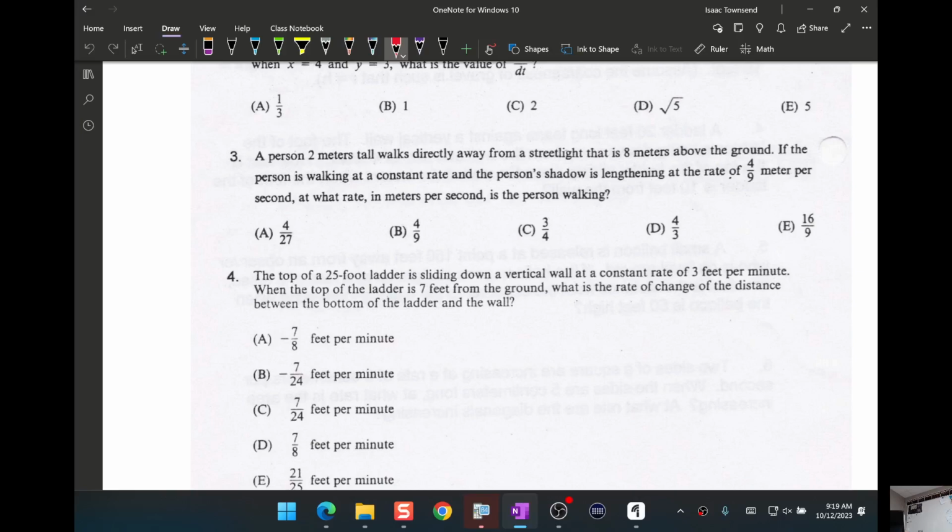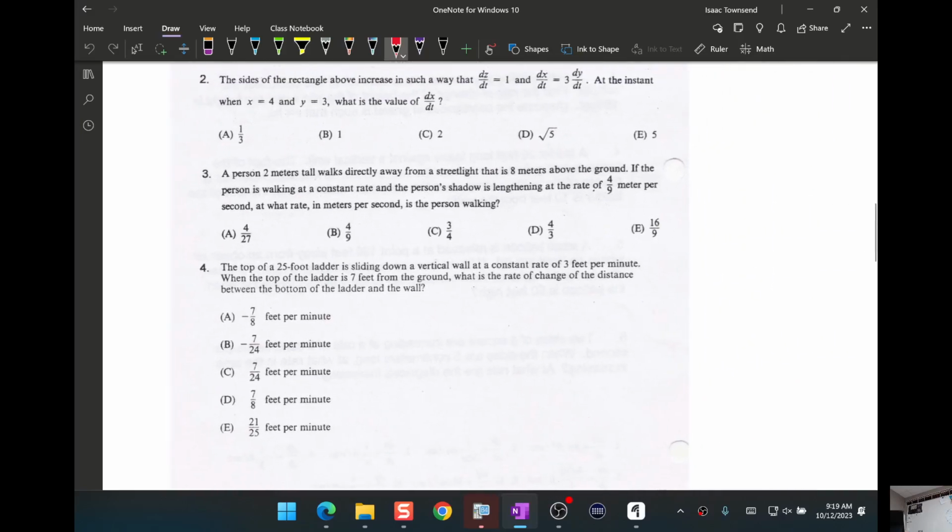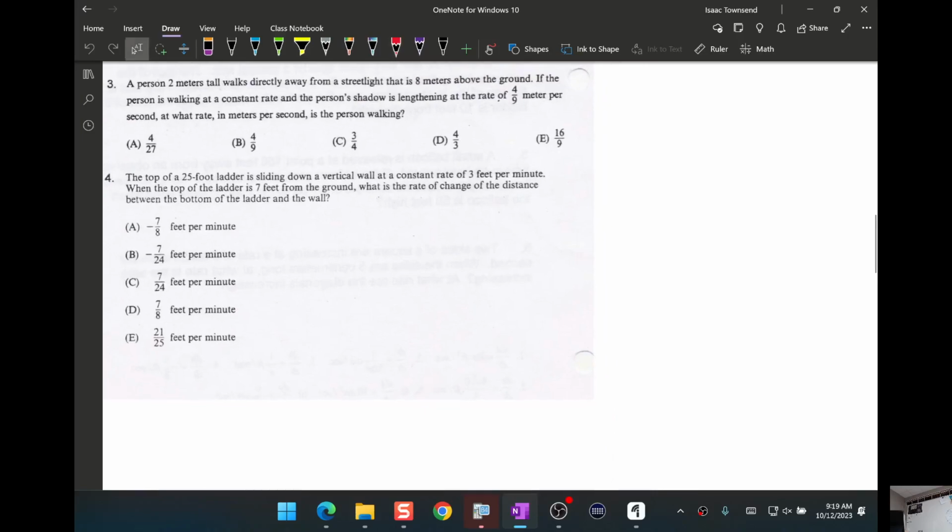So in question 3, you absolutely needed a picture. A person 2 feet tall or 2 meters tall is walking away from a street lamp that is 8 feet tall. And so this light source is going to hit the top of this person's head and then create their shadow.